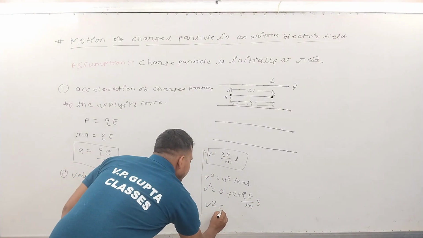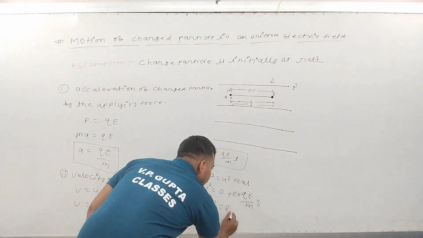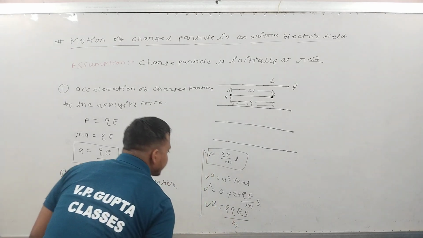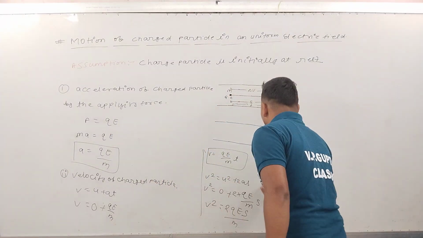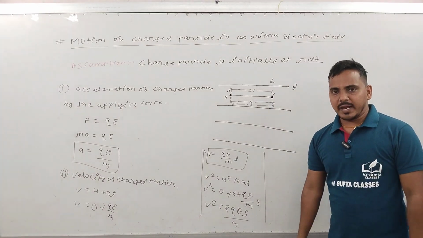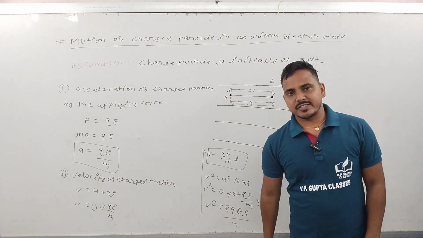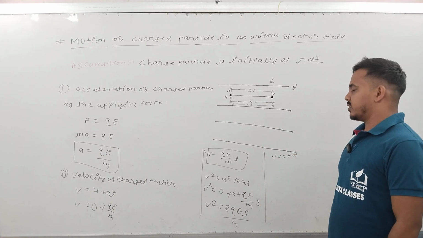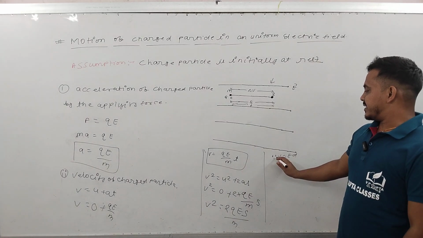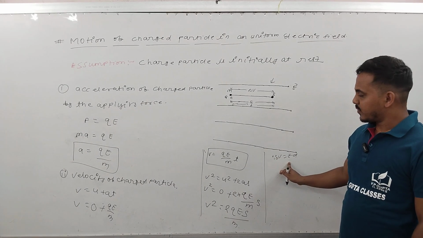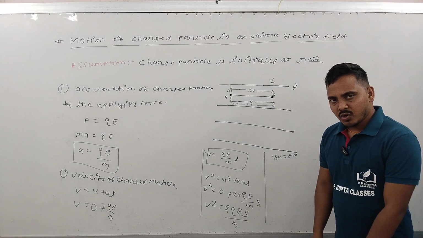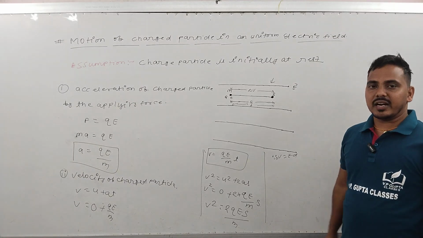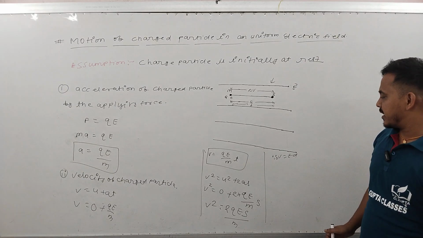Okay, v square is equal to 2qEs divided by m, and I will explain in the topic of capacitors that V is equal to Ed. This is the change in potential difference between two points, E is the electric field, and d is the distance between these two points.